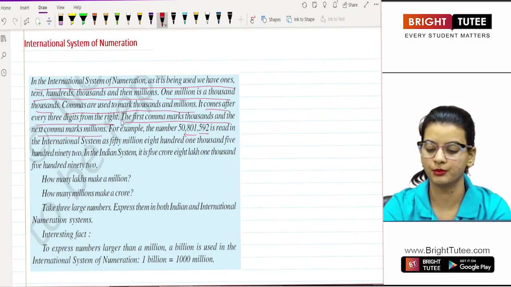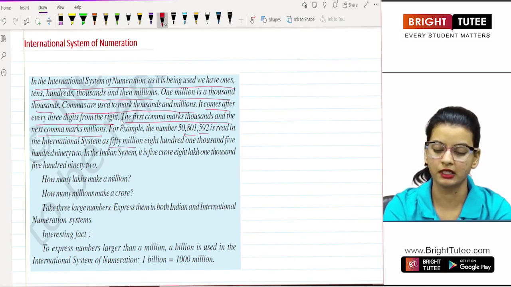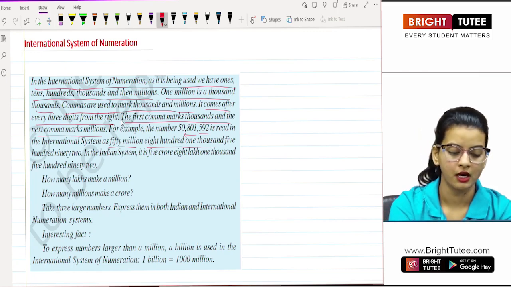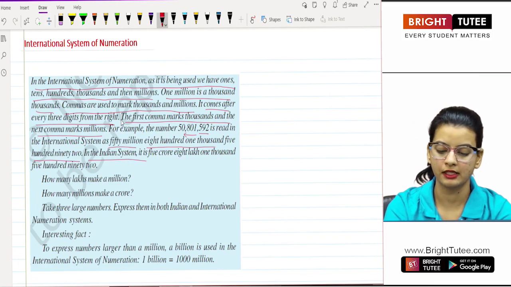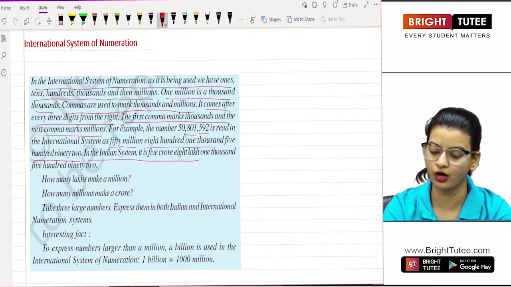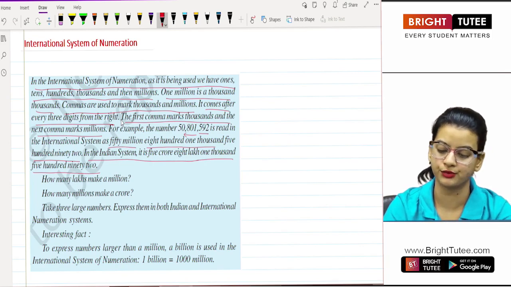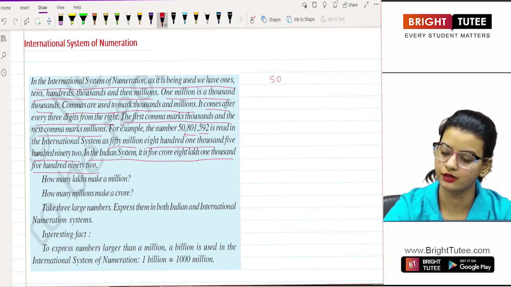For example, the number 50,801,592 is read in the international system as 50,801,592. In the Indian system, it is 5 crore 8 lakh 1,592. Let me show it to you over here.